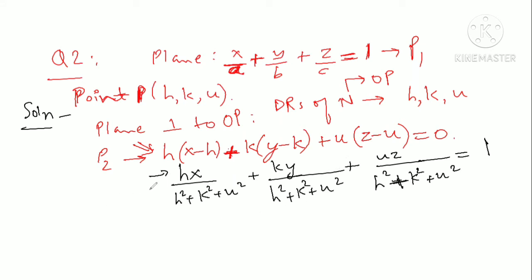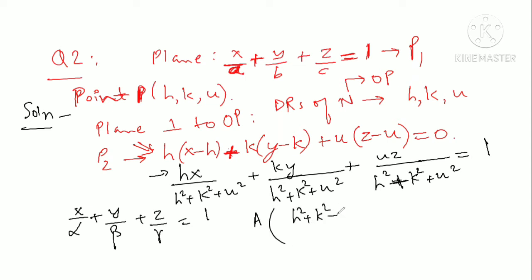Okay, so if we compare this form with the equation x by alpha plus y by beta plus z by gamma is equal to 1, then we can get the coordinates of A, B, and C. The coordinates of A will be h square plus k square plus u square divided by h, comma 0, comma 0.